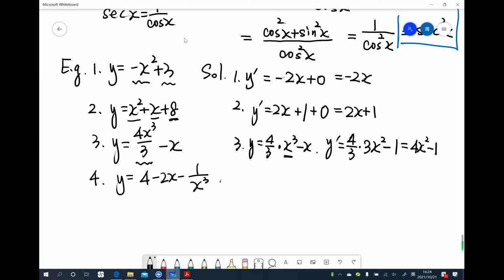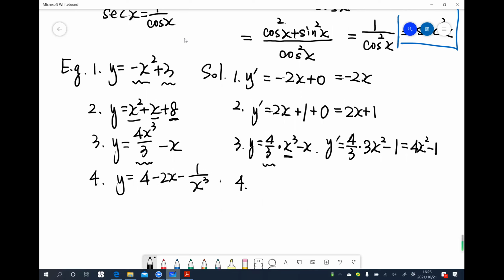So you can use the quotient rule. But you will find that the quotient rule is a little bit complicated, right? So here we just regard it as a constant times a function, and it is easy to calculate.